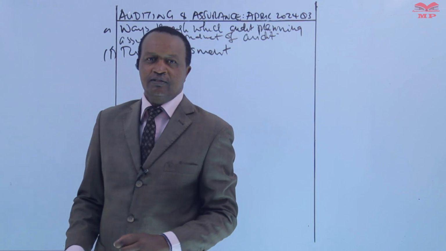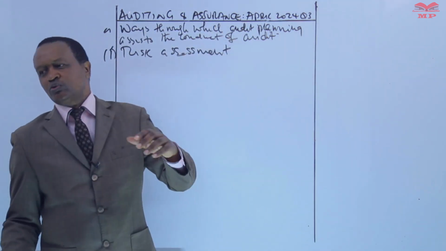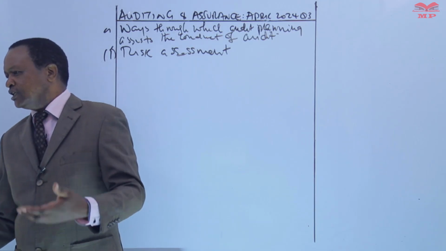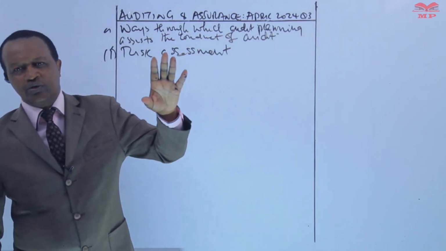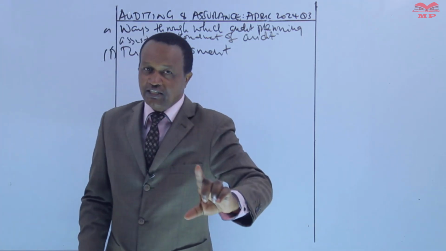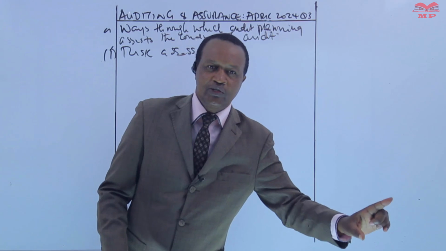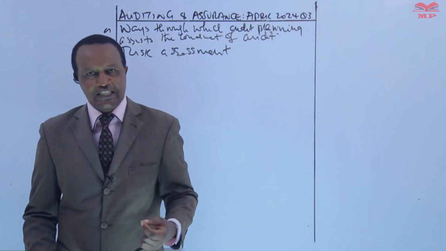You understand? Before the auditor comes up with a plan on how he's going to allocate resources, some of you are saying allocating resources and all that, before we come to that, the auditor has to assess the risk of material misstatements in the financial statements.